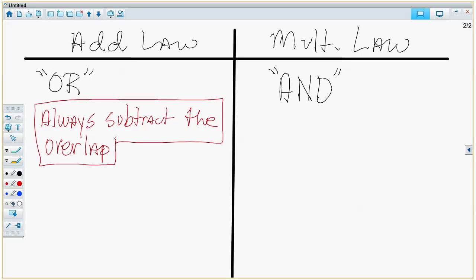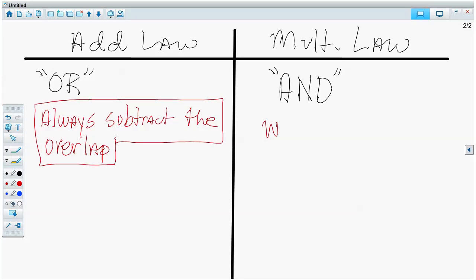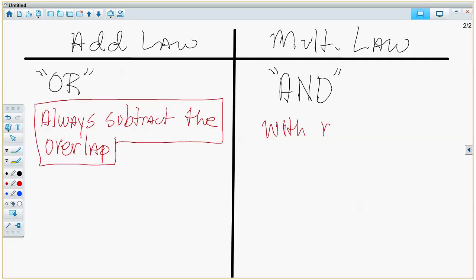The only thing you've got to remember on this one is with replacement or without replacement.